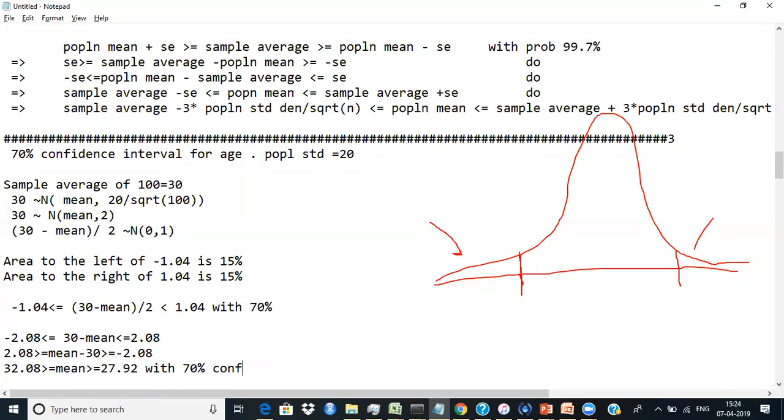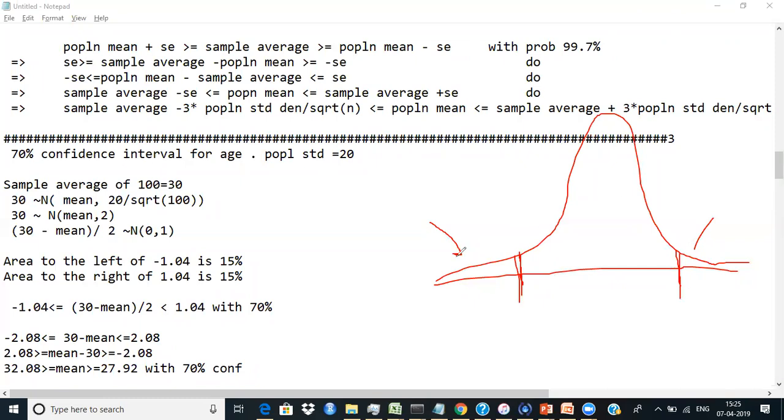Sir, how did we know about 70% confidence? So let's start from the beginning. I am trying to get to an interval such that within the interval there is 70% probability. Yes or no? So if within this interval there is 70% probability, how much probability is outside the interval? 1 minus 70%, which is 30%.